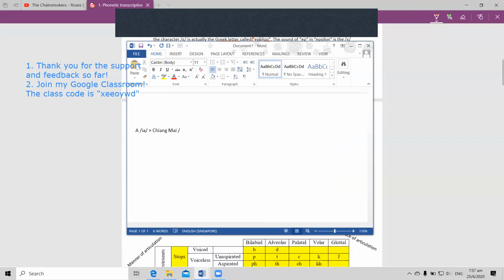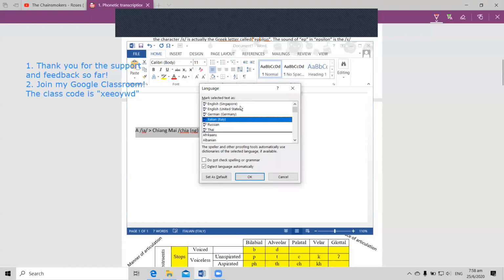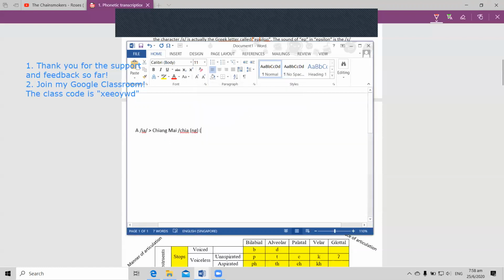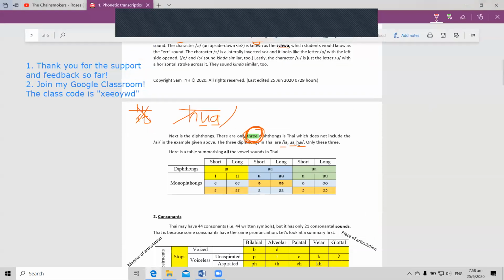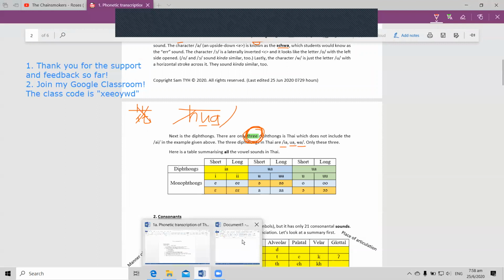When we transcribe Chiang Mai, we will write like that. Something is wrong. Wait a minute. Chiang Mai. Okay, never mind. But ear is in Chiang.